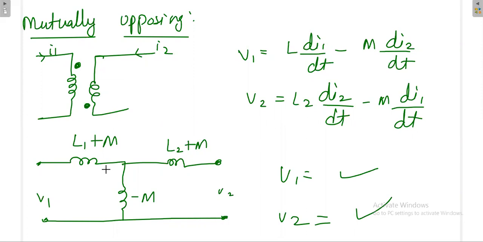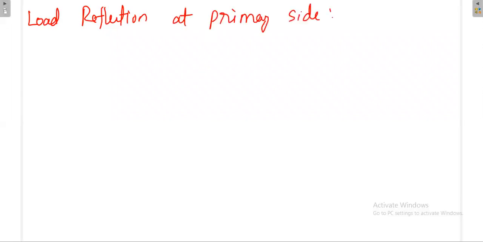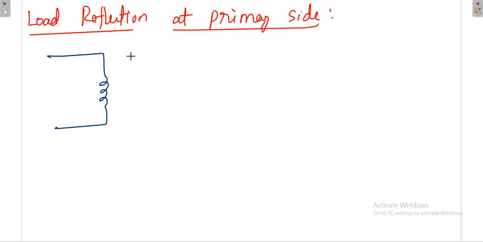Now we'll see one more concept, the final concept: the load reflection at the primary side. Suppose you have a transformer like this, where the load resistance is RL.